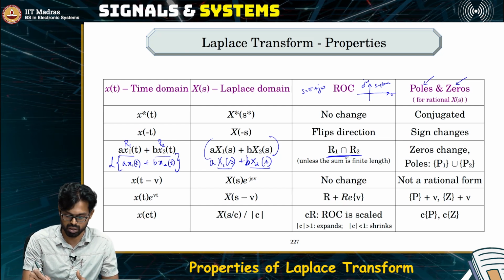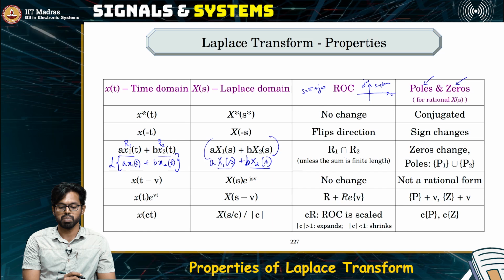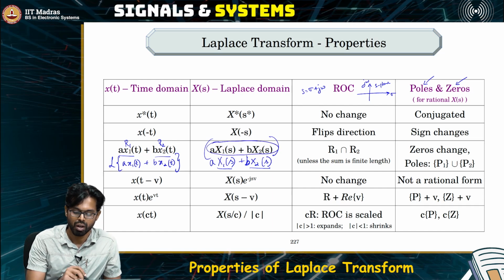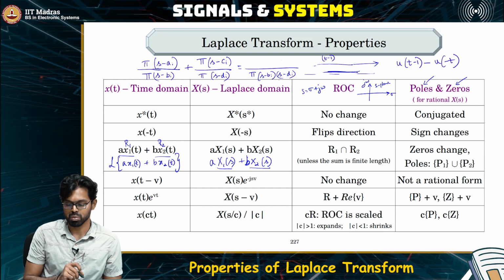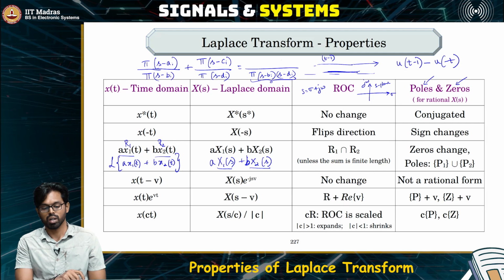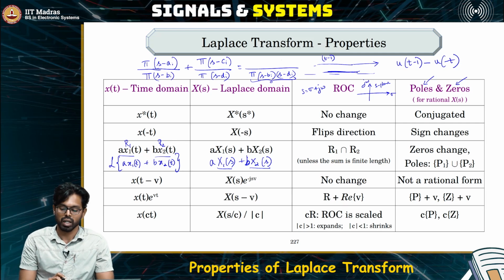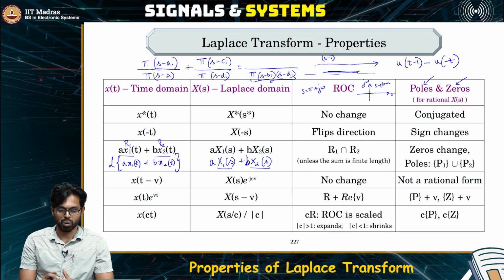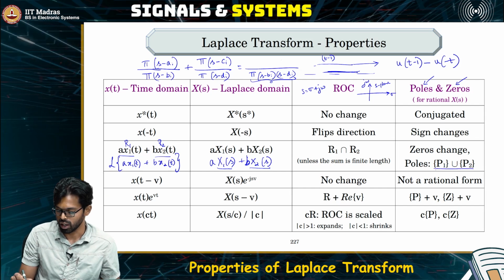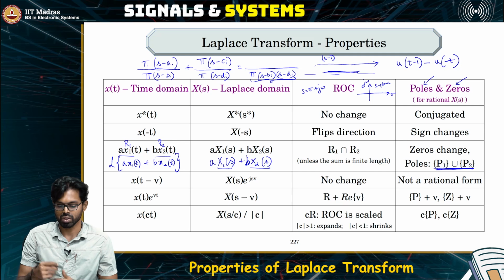But there is an exception. The exception is that if the sum becomes a finite length signal, the poles are now just getting summed up together. In other words, the poles are now a union of whatever the previous poles were.